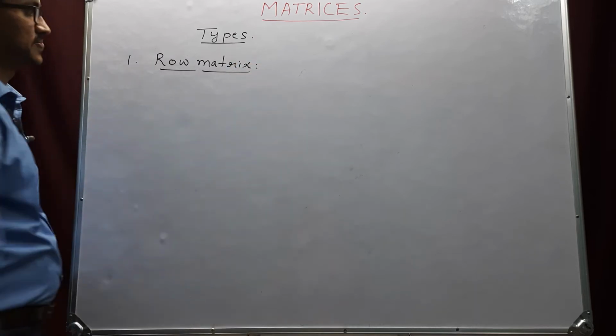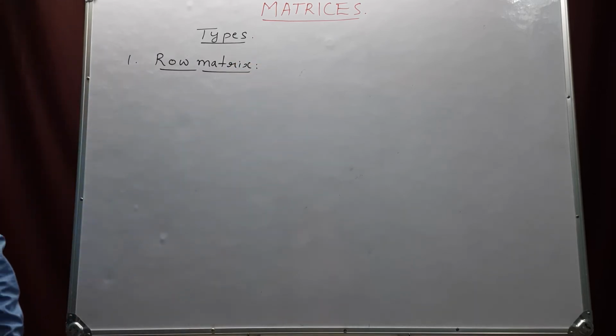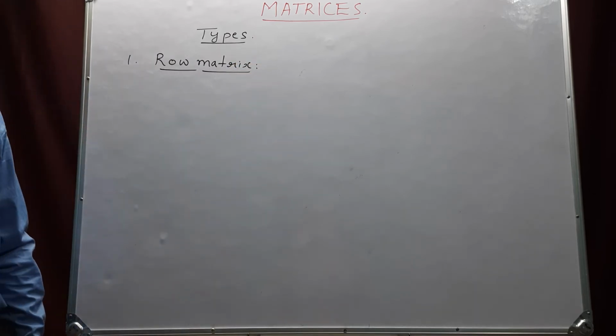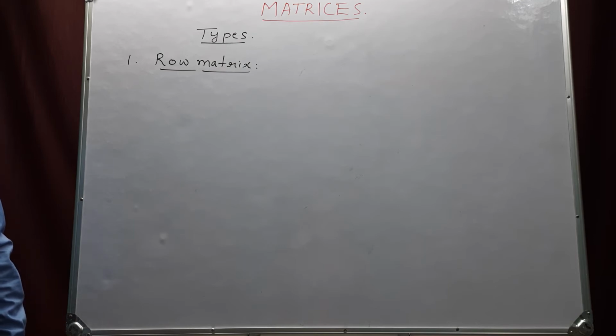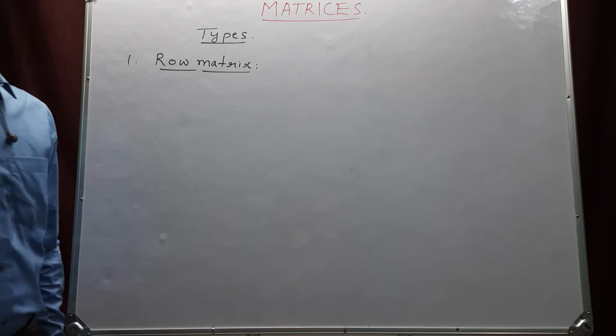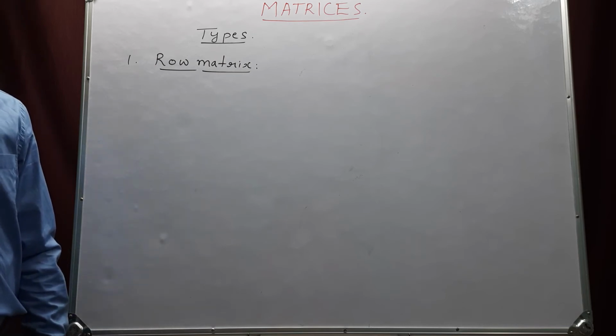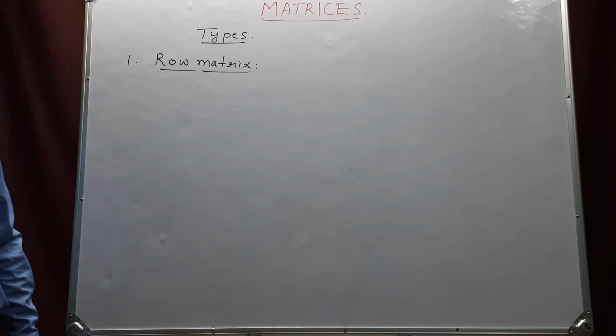A matrix having only one row, we call it a row matrix, irrespective of the number of columns. If the number of rows is 1, we call it a row matrix.